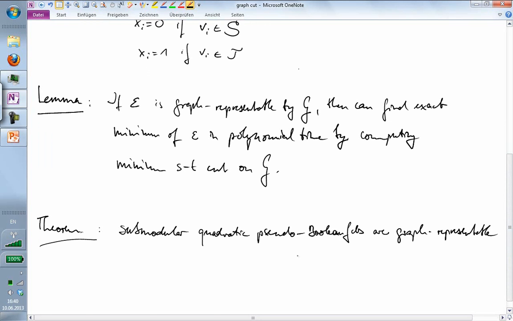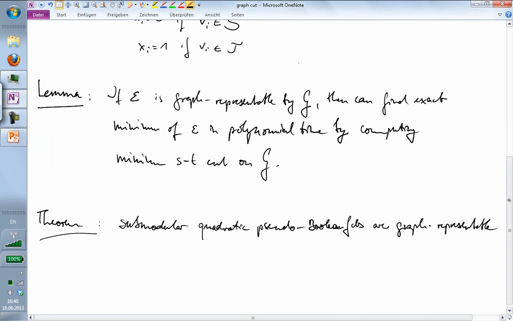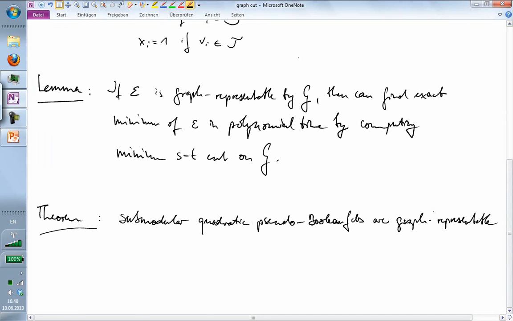So Hammer already in the 60s showed how to construct graphs on which you could do a max flow computation that would give you the globally optimal energy optimum for a quadratic pseudo-Boolean function.